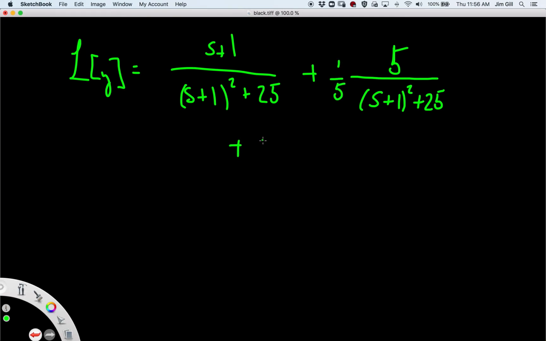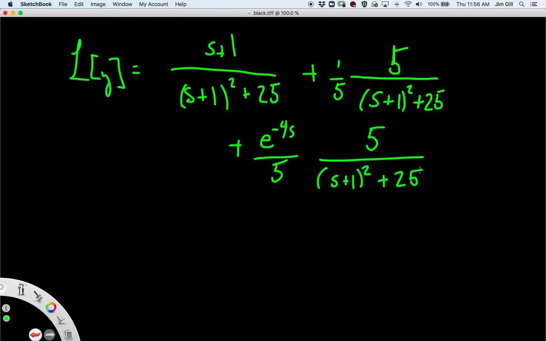And I'm going to do the same thing to the last term. So e to the minus 4s over 5, and then we're going to have 5 over s plus 1 squared plus 25. All right, so now we're ready to take our inverse Laplace transform.